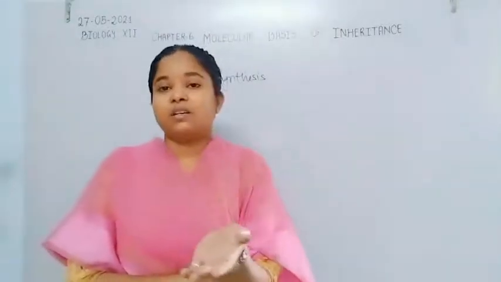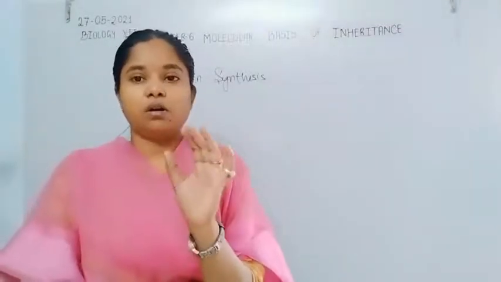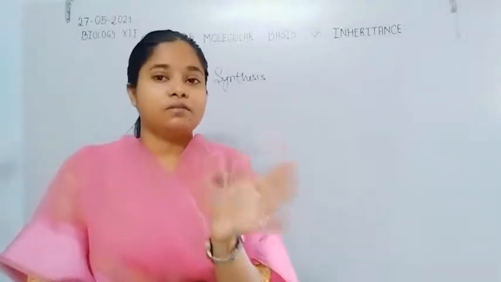Now the 80S type of ribosome is also formed by two subunits, 60S and 40S.